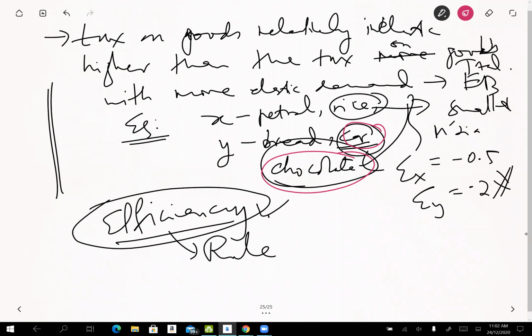Rice is cheaper than chocolates. Pardon me? Rice is cheaper than chocolates. No, I mean when you do the taxation, when I tax rice 4 times higher than chocolate, of course the price changes.